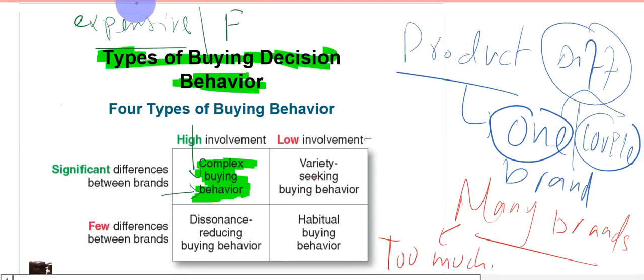For example, a consumer wants to buy a fridge for his family. A refrigerator is not a product which is purchased frequently, so it is infrequent, number one. Number two, a refrigerator is not a cheap product. It is an expensive product.